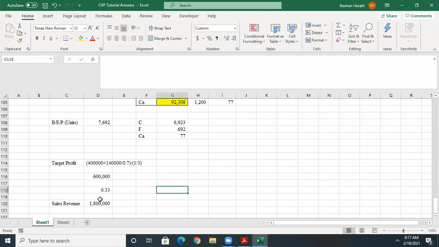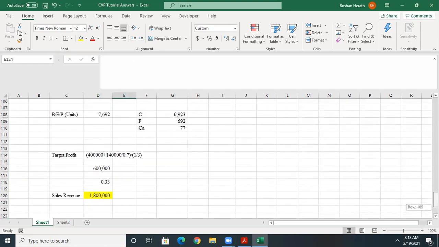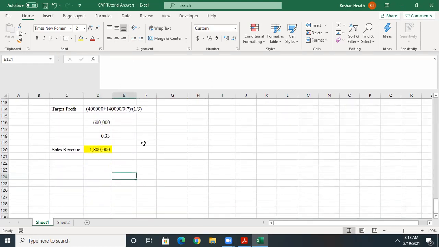So at 1.8 million sales revenue, you can achieve the target profit of 140,000 after tax. You can earn 140,000 after-tax profit at the sales revenue of 1.8 million. And your answer must be 1.8 million.